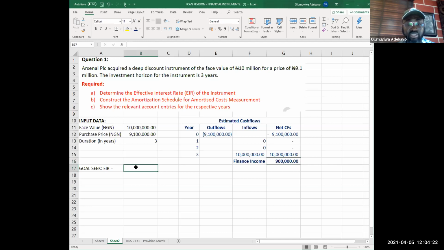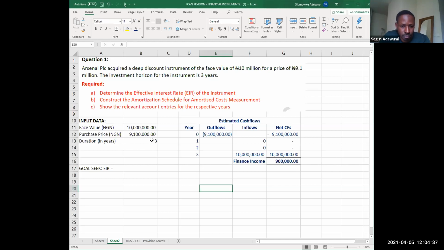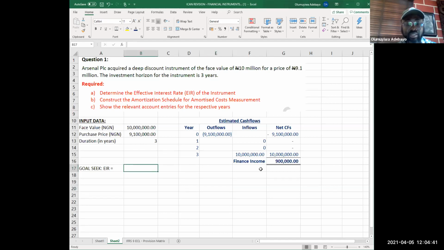And therefore, what will Goal Seek say? Goal Seek says, okay, this amount of income here, I want it to be 0 as of today, because we are looking at today. Therefore, to do that, you say, what is my rate, so that if I apply this, I need a discount factor.